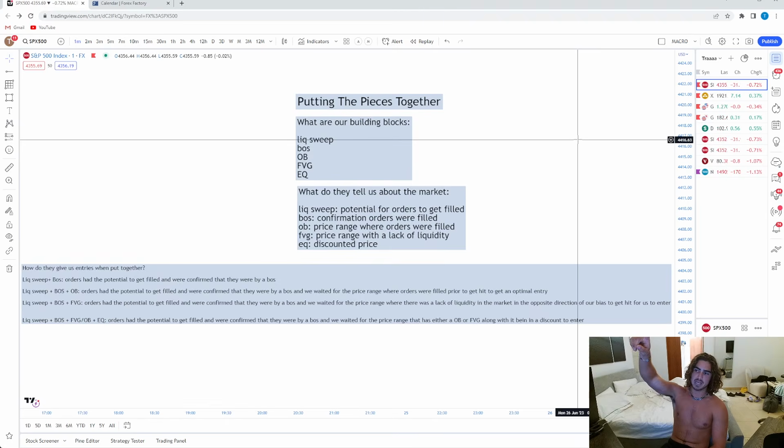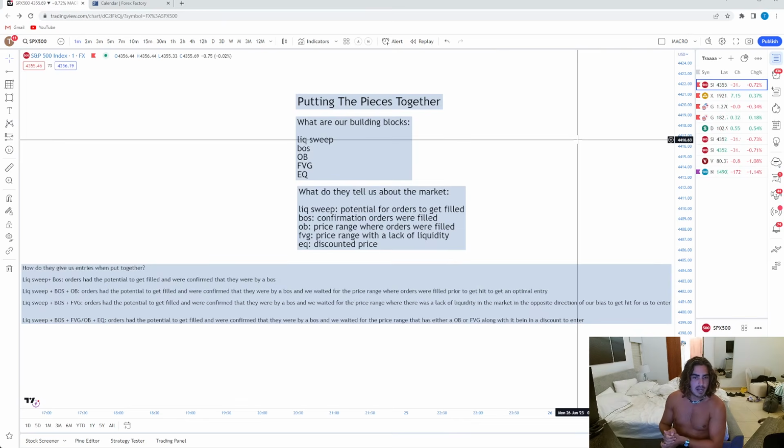We had orders that had the potential to get filled off of a high or a low within the market, and then they were confirmed that they got filled by a break of structure because we can literally see market structure shifting. Okay, that's the first way that we can find an entry within the market. Liquidity sweep, break of structure. Why? Because we have the potential to fill orders, and then we see confirmation that orders were filled. Enter, right? Because that's going to be the top of the move.